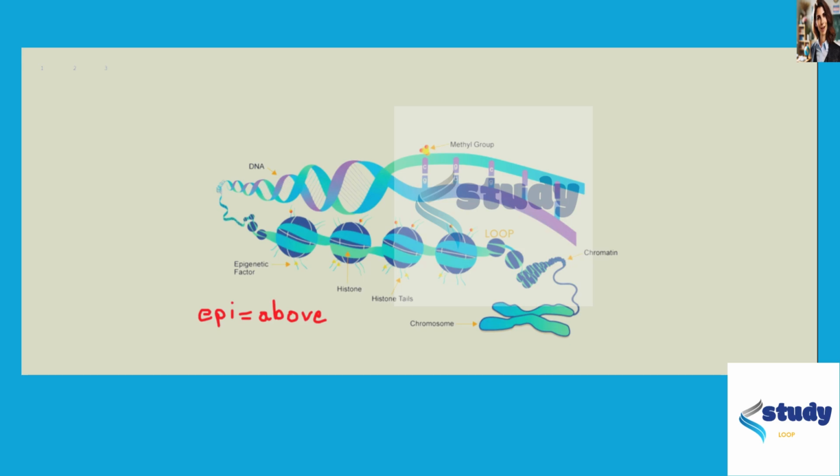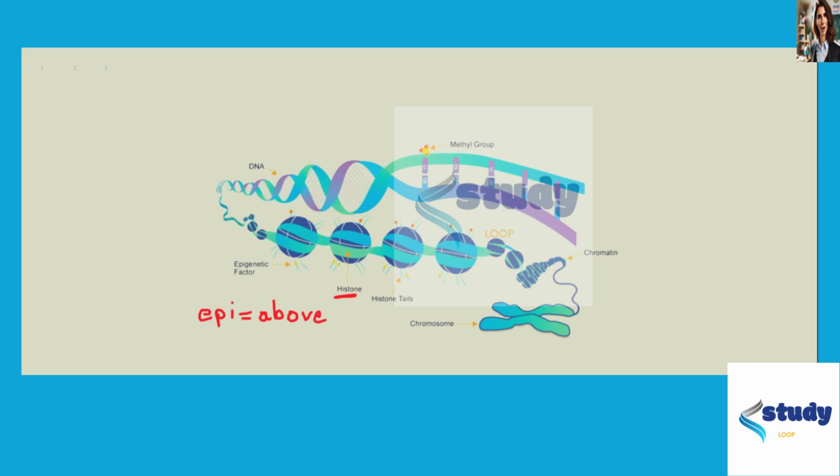What does that mean? Shown in this diagram is a double strand of DNA and how the DNA eventually wraps around histones. Histones are a group of 8 proteins. Eight histones together make that spherical structure around which DNA wraps, and that is how DNA is organized in the cell.